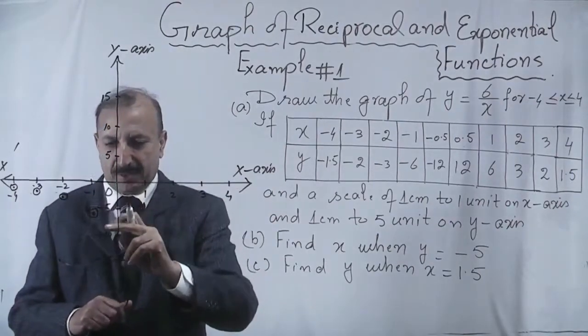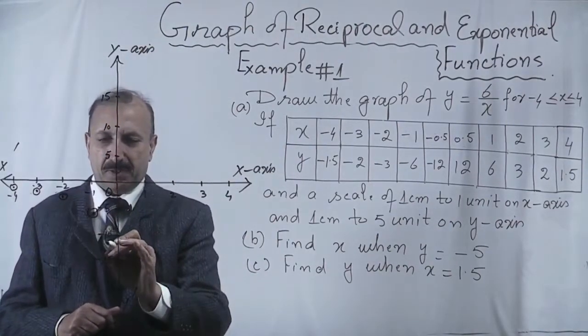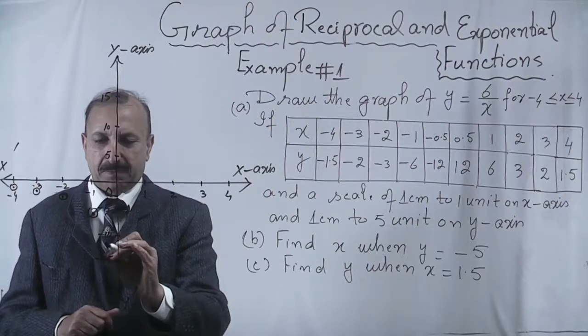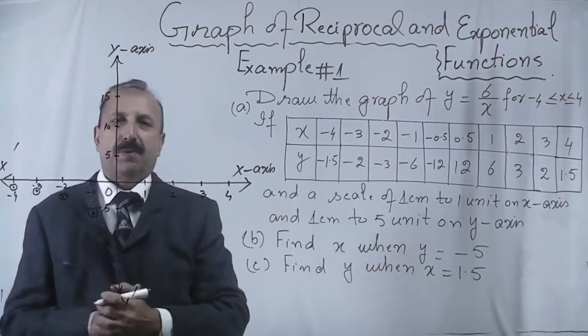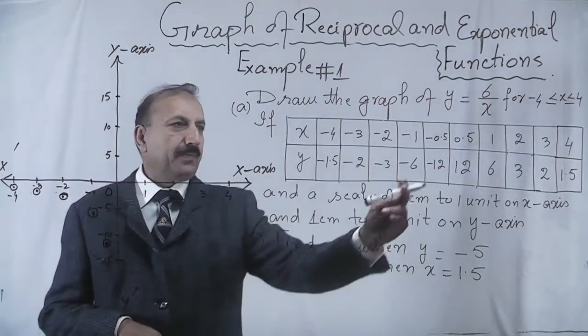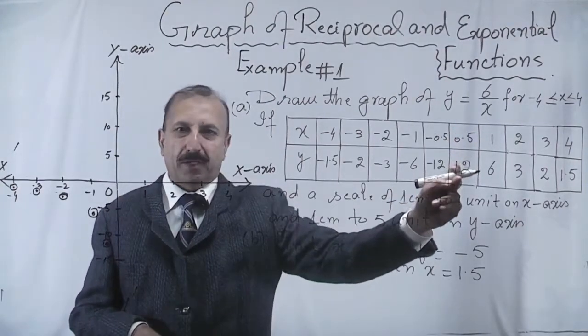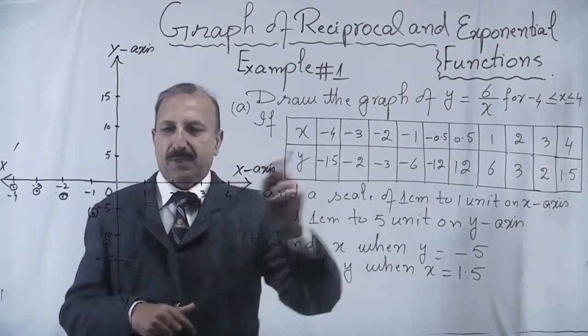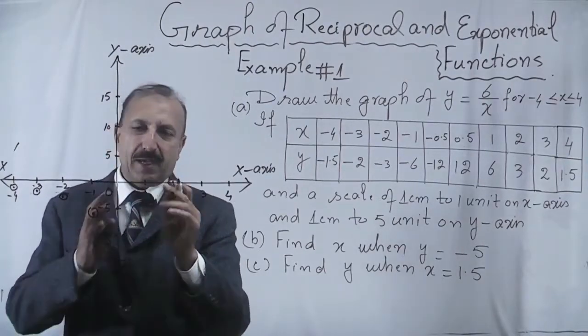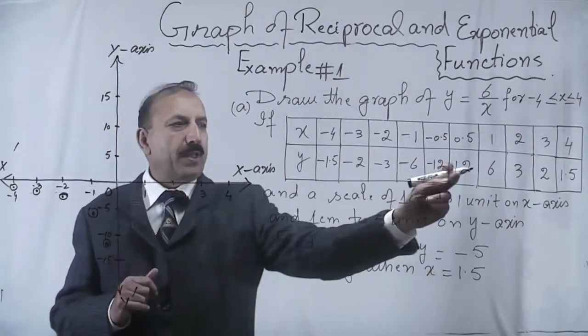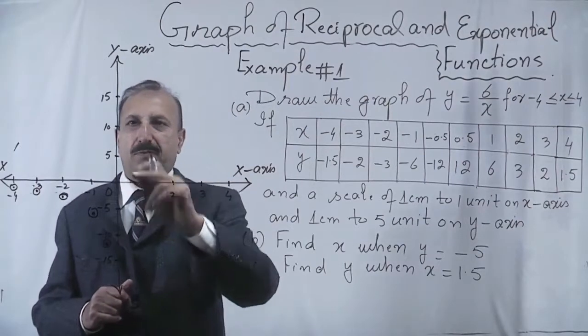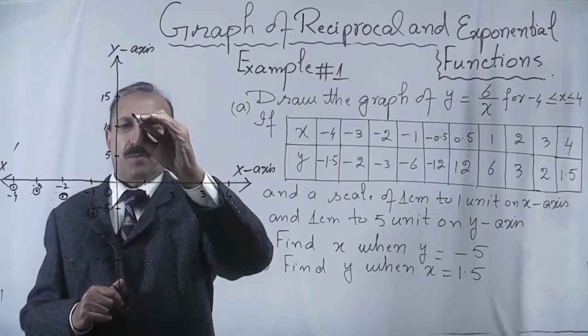We go in this direction and it is approximately here. Next, 0.5 positive value of x, and the value of y is 12. Here is 0.5, the positive value of x, and the positive value of y is 12, approximately here.